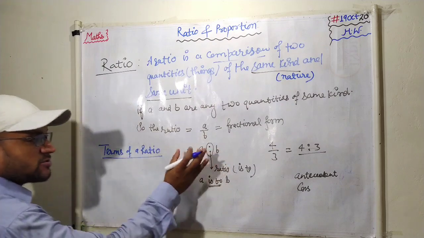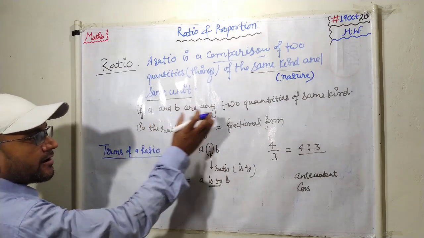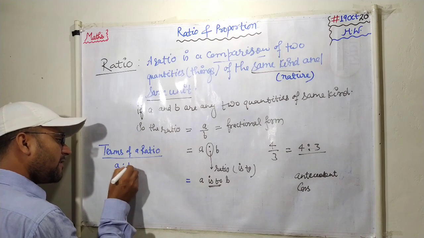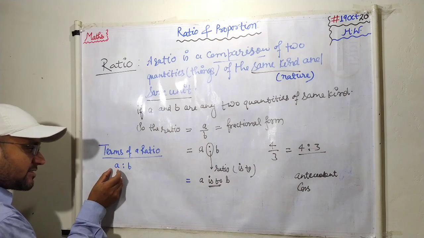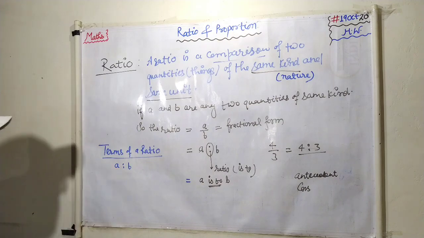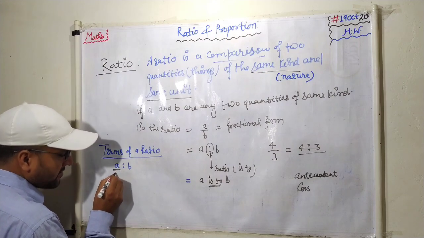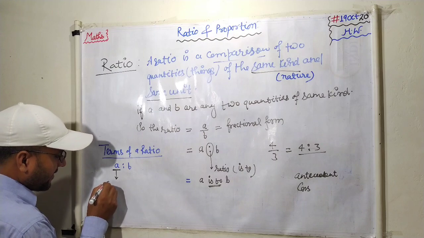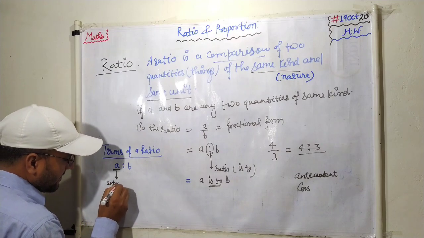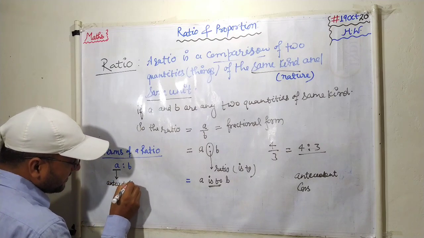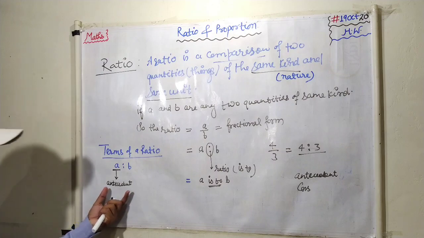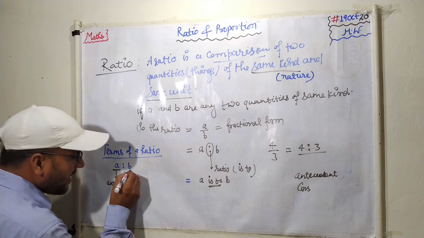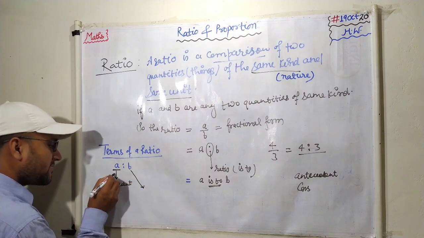Suppose A and B are any two quantities of the same kind. Here is A is to B. This is called the first term, and its special name is antecedent.